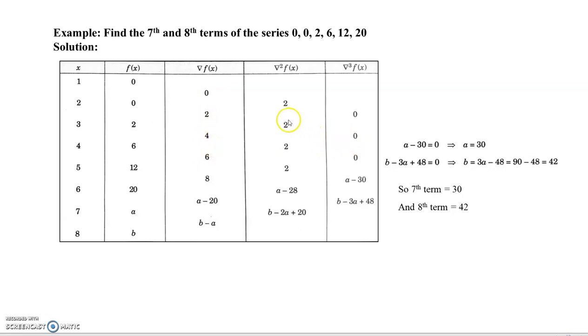Now see carefully, in this table also, the second order backward differences are constant and the third order backward differences are 0. So by considering these 3 zeros, if we take these 2 also 0, a minus 30 equals 0 and b minus 3a plus 48 equals 0, we have two equations and two unknowns. By solving them you will get a equal to 30 and b equal to 42. So a, the 7th term, is 30 and b, the 8th term, is 42. That's all for today. Thank you.